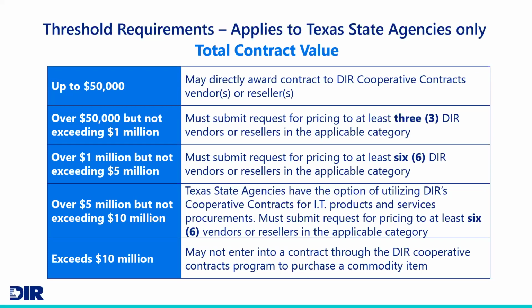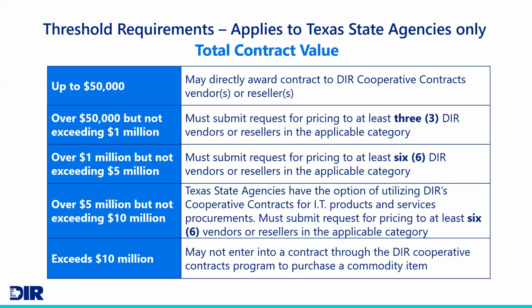If your total contract value is over $1 million but does not exceed $5 million in value, state agencies have to submit requests for pricing to at least 6 vendors or resellers in the applicable category. If your total contract value is over $5 million but does not exceed $10 million, then state agencies have the option of utilizing DIR's cooperative contracts for that purchase, but you do need to request pricing from 6 vendors or resellers.